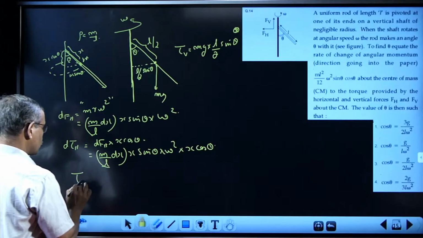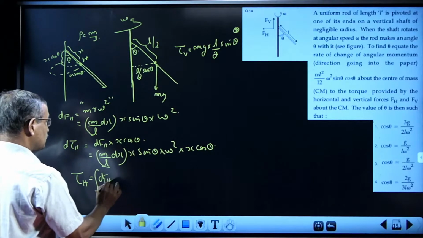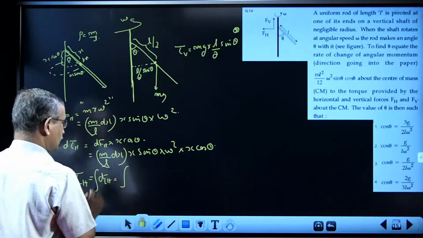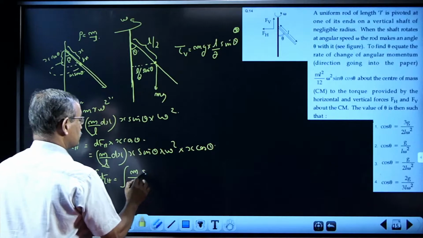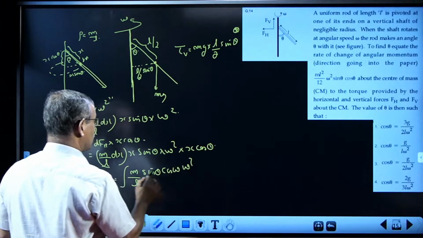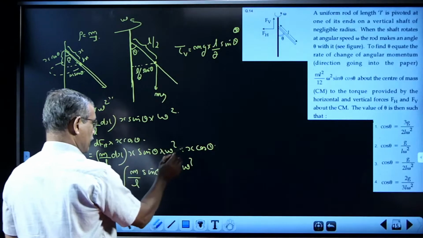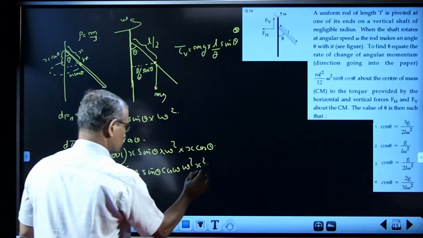So the torque horizontal, integral of d tau h, is equal to the integral of m by L sin theta cos theta omega squared x squared dx.